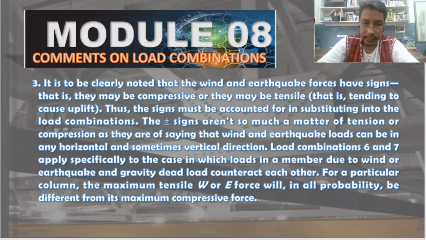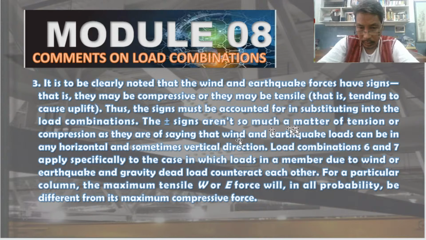Number 3, it is to be clearly noted that the wind and earthquake forces have signs, that is, they may be compressive or they may be tensile. Tensile tends to cause uplift. Thus, the sign must be accounted for in substituting into the load combination. The plus-minus signs are not so much a matter of tension or compression as they are of saying that wind and earthquake loads can be in any horizontal and sometimes vertical direction.